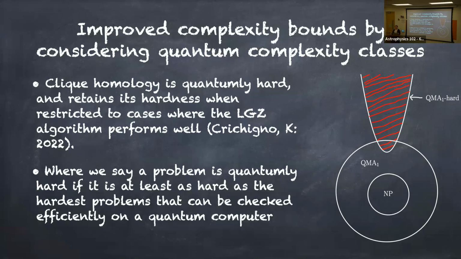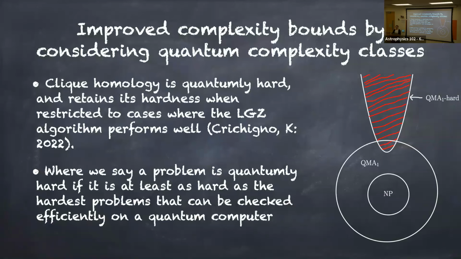And we expect that there are some problems that quantum computers can check efficiently but can't solve efficiently. We think this problem lies in that class, modulo some fairly weak assumptions that we don't expect complexity classes to collapse down to the same class.